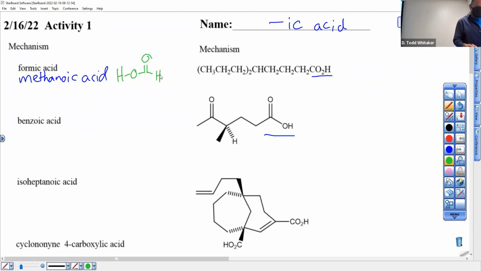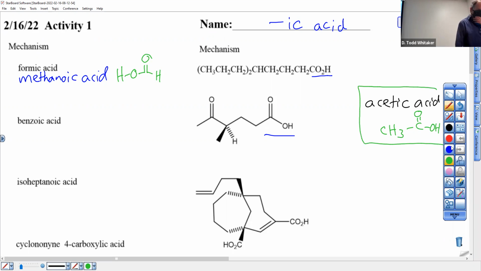The next one, it's not on the quiz, but it could have been, would be acetic acid. Need to learn it. It's a very popular acid. And it just has one more carbon. CH3 COOH. That's an aside. Must learn. Also known as ethanoic acid. That one, I don't think you needed help with.